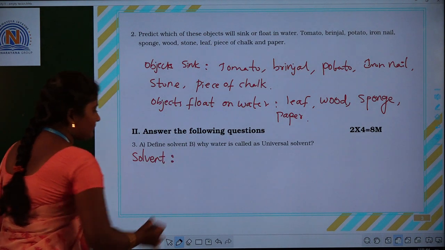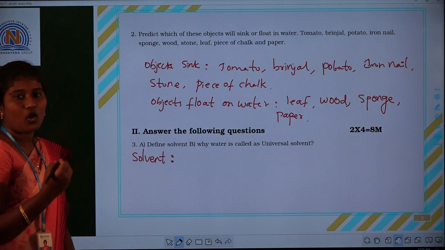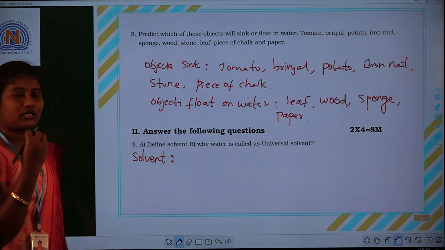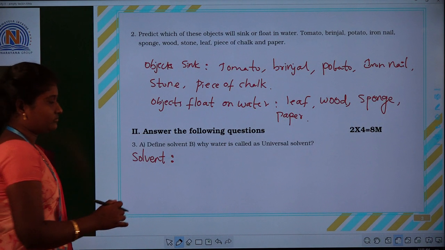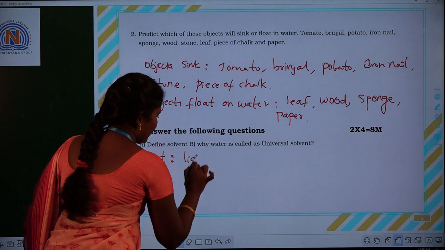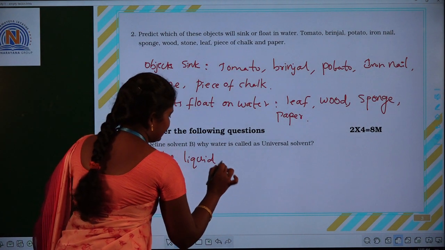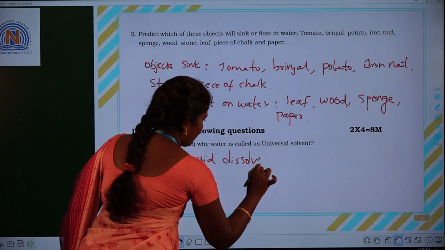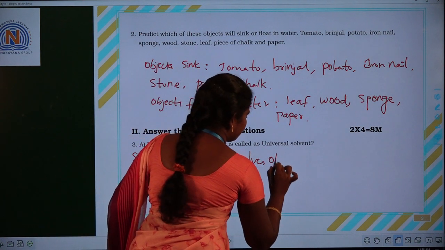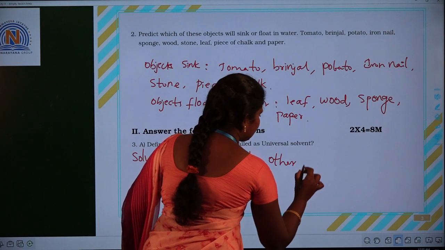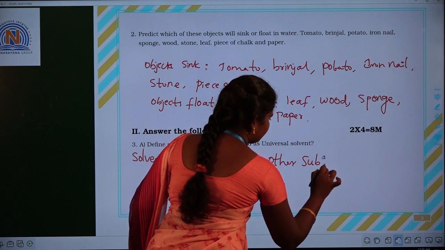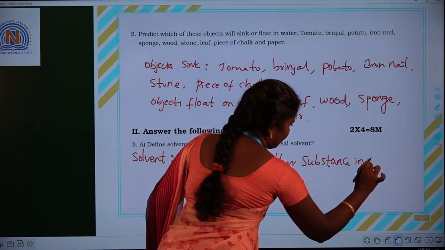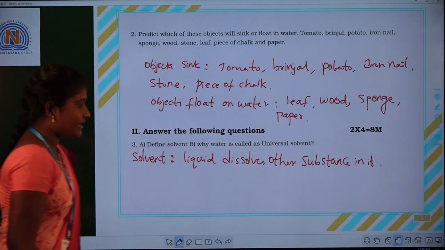A solvent is a liquid that dissolves other substances in it. Let us see the example.